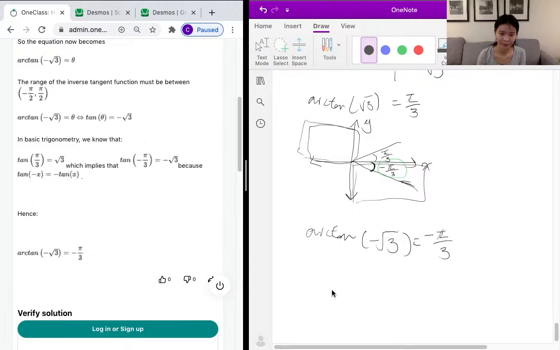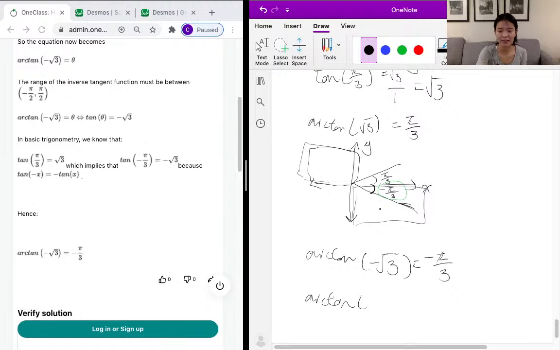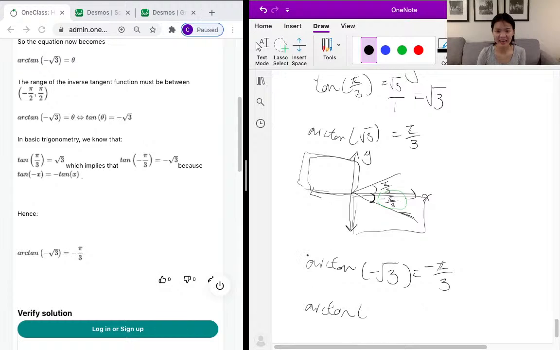However, the arctangent function has a restriction. Why? Because the arctangent function is the inverse of the tangent function. Technically, the tangent function isn't a one-to-one function. In order for the tangent function to have an inverse function, we need to restrict the domain of the tangent function.